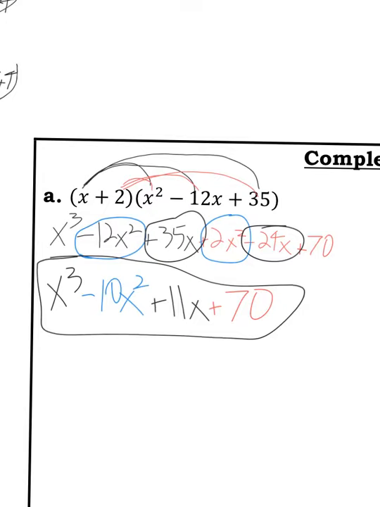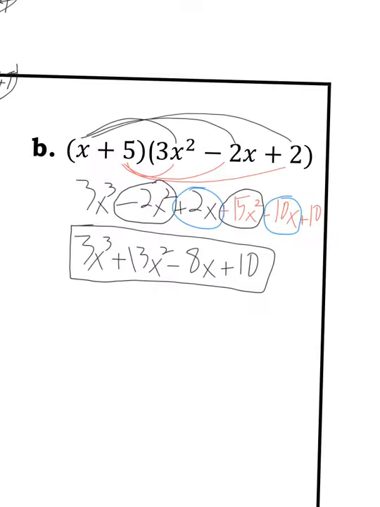Okay, so yeah, let's go over the one right next to it. So similar process. I just distributed the x to everything to get 3x to the third, negative 2x squared, and positive 2x, okay?